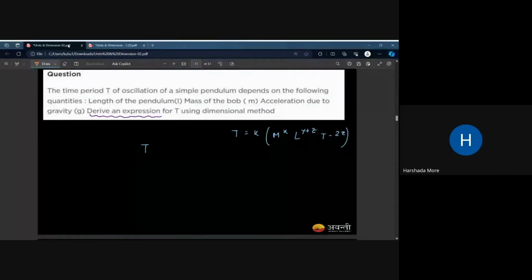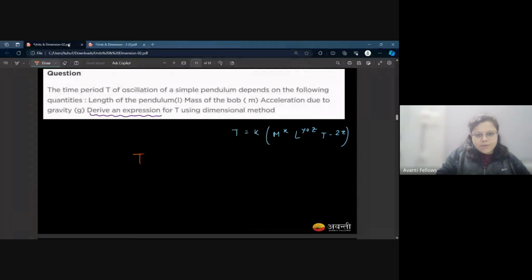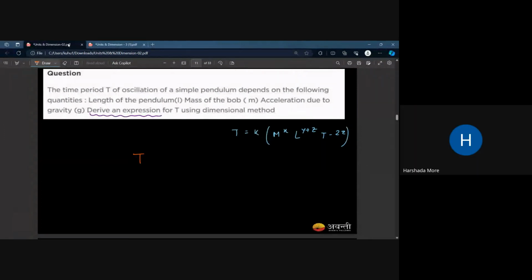Ma'am, I have got the expression. What would it be? Ma'am, after solving, the value of X is 0, Z is minus 1 by 2, and Y is plus 1 by 2.